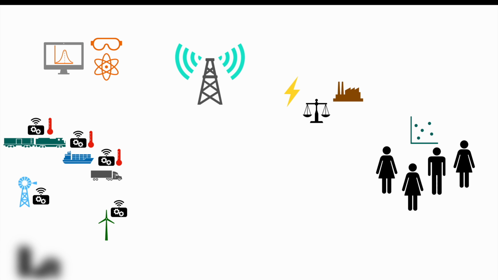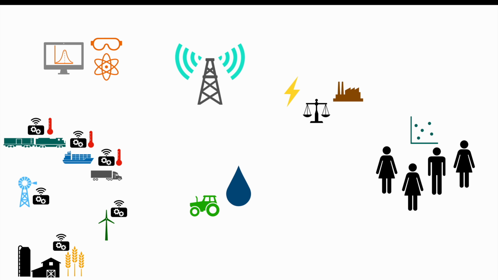Even food production can benefit a lot from IoT. We could measure the moisture level in the soil and help the farmer to irrigate only as much as needed to minimize the water use. Or think about healthcare.